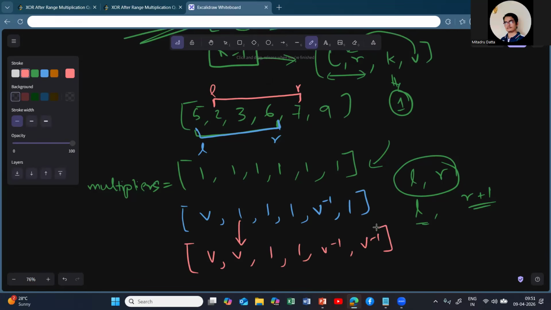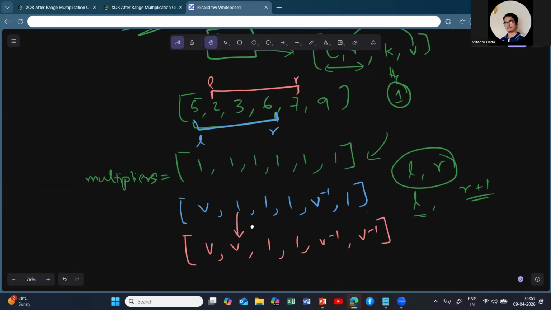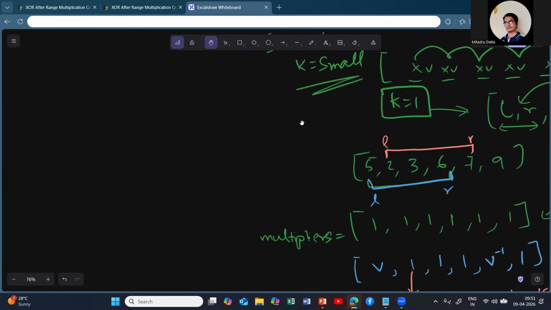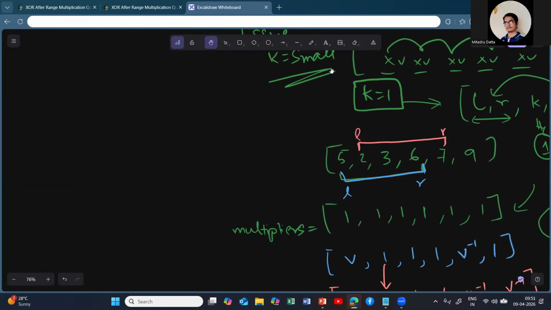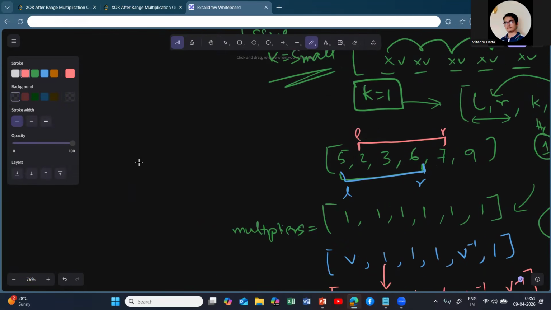So now try to find the prefix array of this. Okay, what should be the expected prefix array? You tell me. If you are doing it in a brute force manner, at first you process the queries from L to R. So the bottom one, if you process, you will tell me that the first 4 elements should be multiplied with V, and the next 2 should be left as it is.